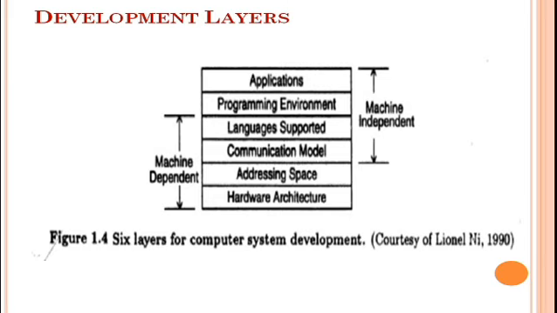From a programmer's viewpoint, these two layers should be architecture transparent. Then programming languages such as Fortran, C, C++, Pascal can be supported by most computers. However, the communication models of shared variables versus message passing are mostly machine dependent.